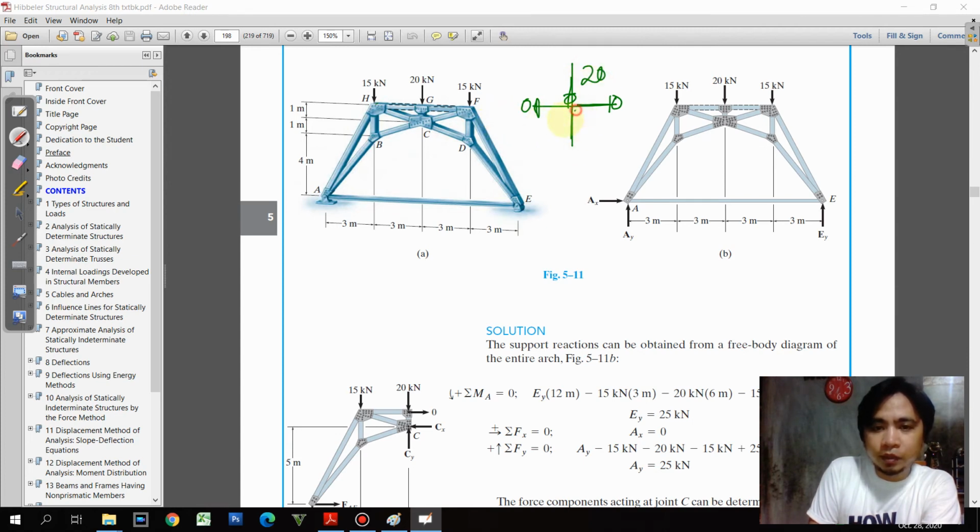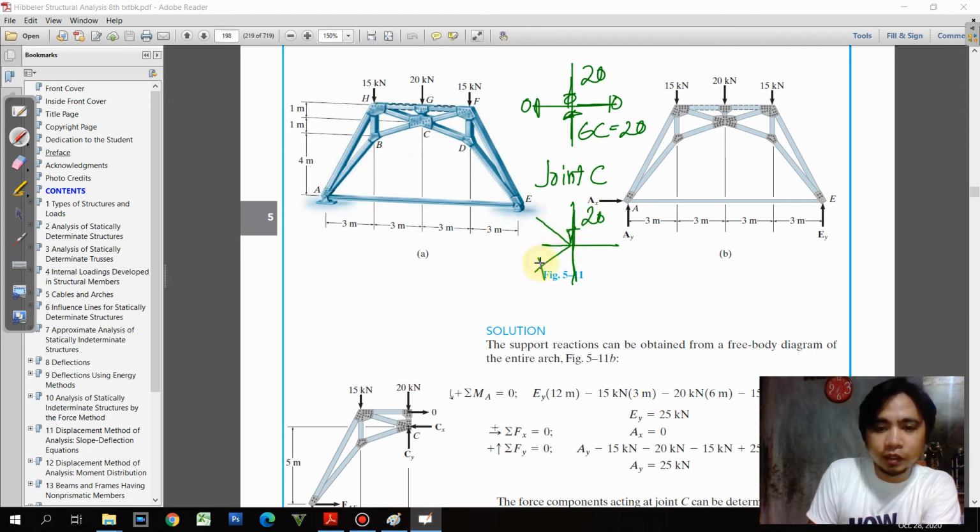And you remember GC should be equal to 20 also. And that will eventually transfer to your joint C. Okay? So at joint C, we'll have this X and Y axis here. Say this is GC equivalent to 20.